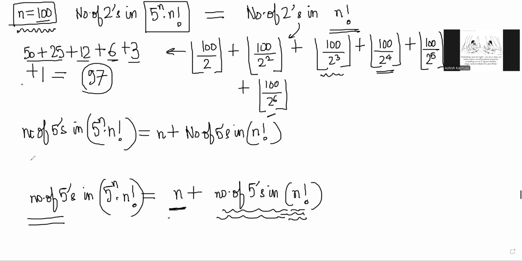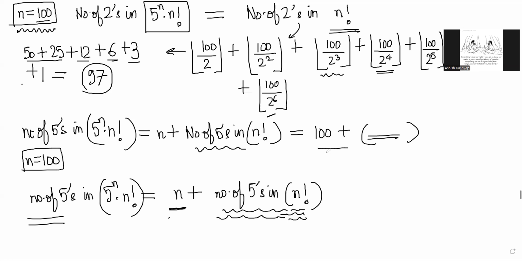But notice that if n is 100, the number of fives is automatically 100 plus something, right? The number of fives is greater than 100. Can you see that the number of fives is coming bigger than the number of twos? The number of fives is greater than the number of twos.